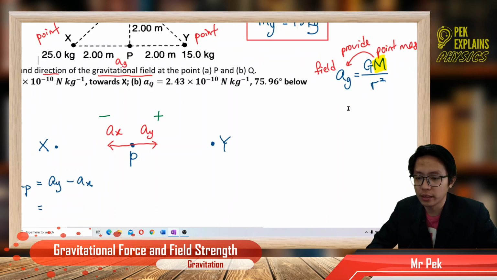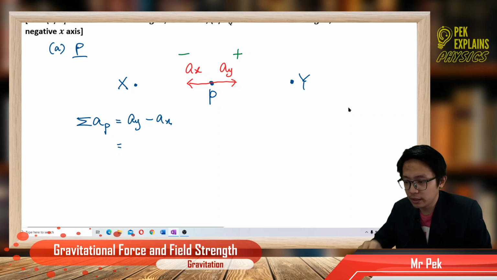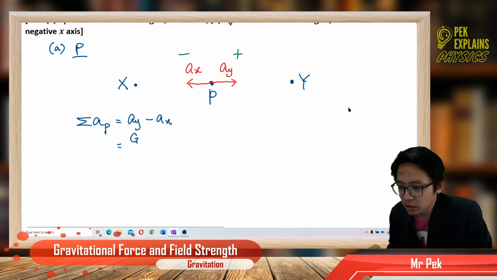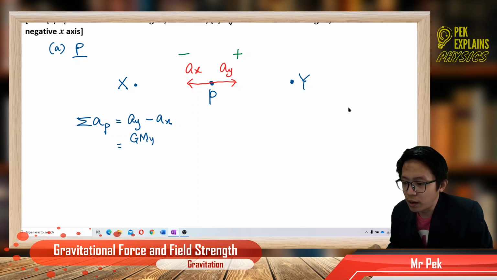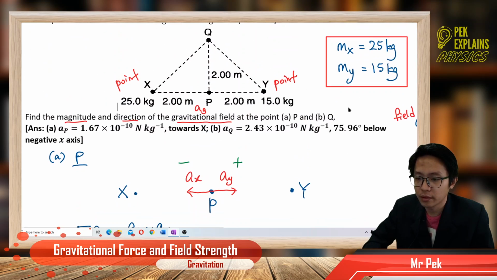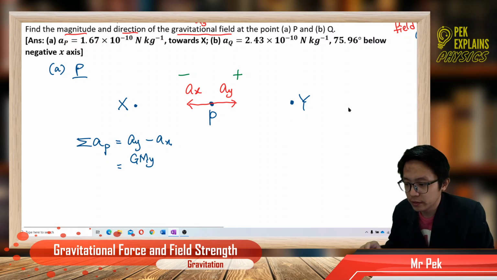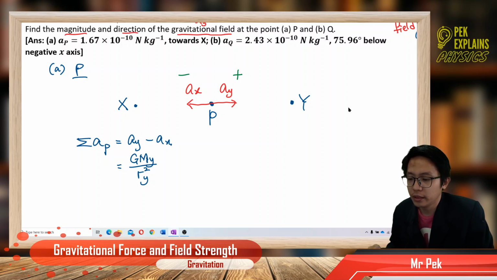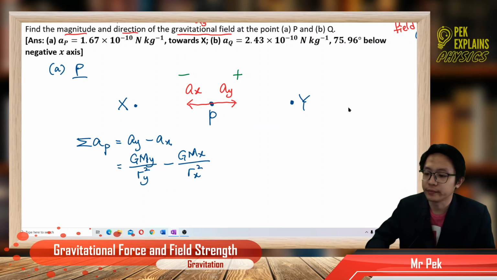Now let us apply the formula Gm over r square. So AY is G mass Y over Ry square, negative G mass X over Rx square.